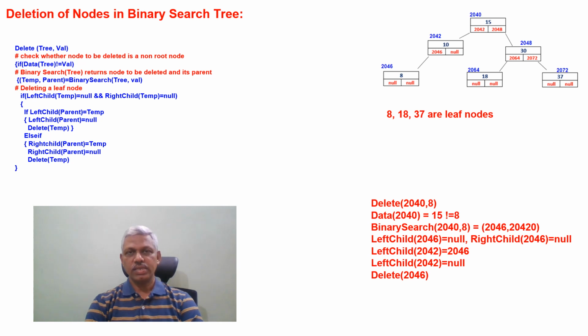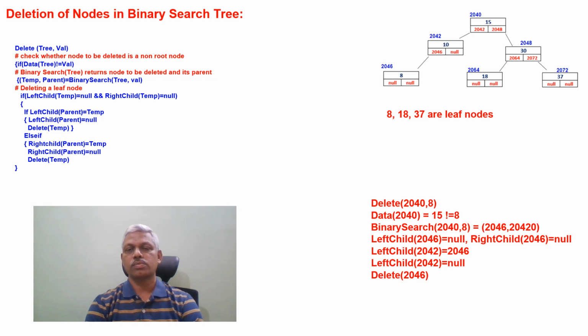Now we'll look into the deletion process of a leaf node in detail. We'll try to trace the algorithm. Given the binary search tree here, if you want to delete 8, first we check if data of the tree is not equal to val. 2040 is the root node here, and the value at 2040 is 15, which is not equal to 8.